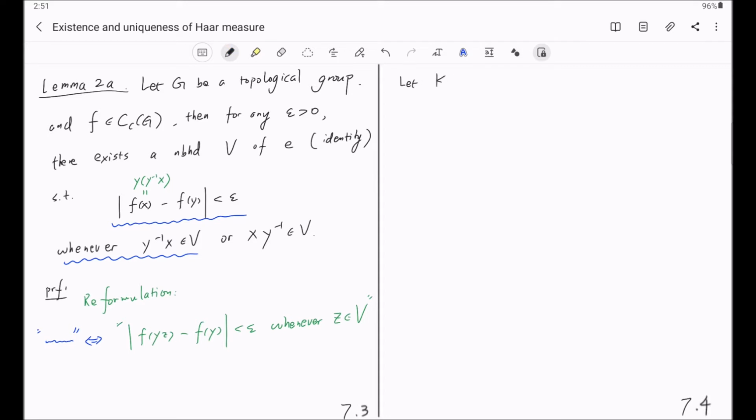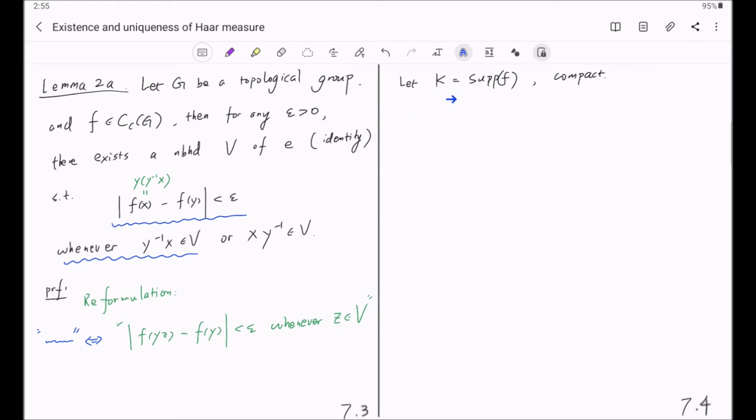Let K denote the support of f, which is a compact subset of G. Here we're going to use a common trick in real analysis. Whenever you see a compact set, there's always a step to cover it with finitely many open subsets.